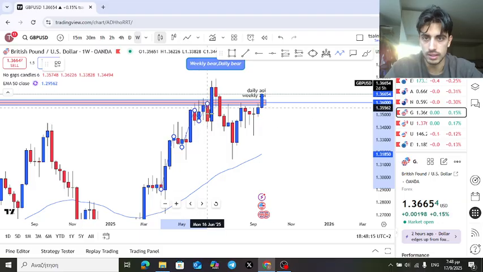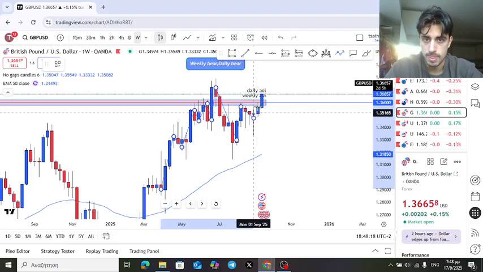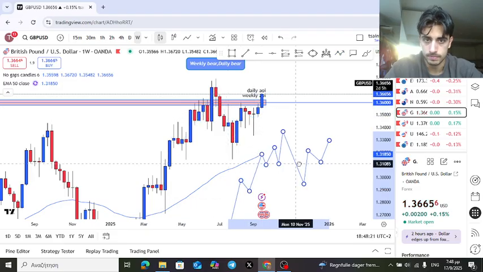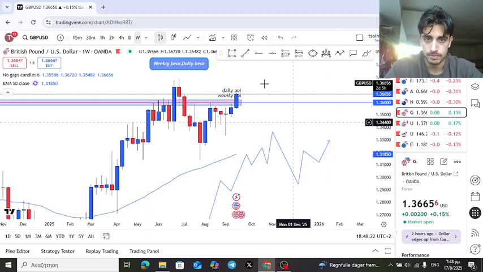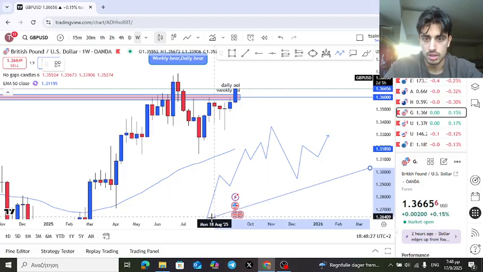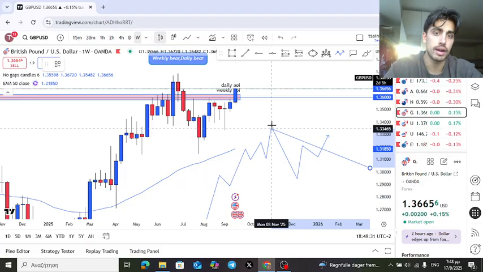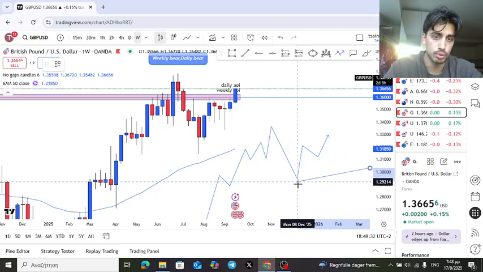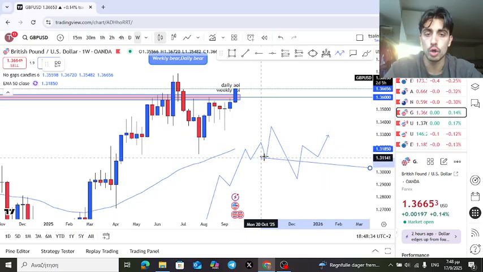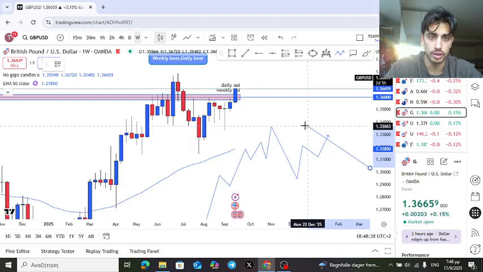As you can see here, I'm drawing it for you. We were going bullish, higher low, higher high, higher low, higher high, and then push, break under the higher low, and then we are bearish, and nothing has broken above or below.